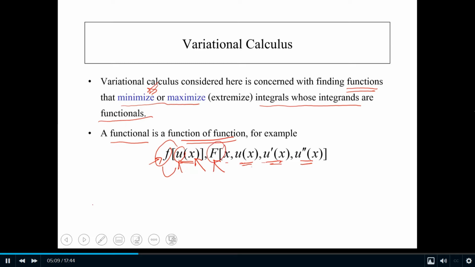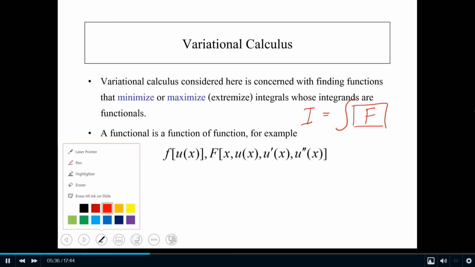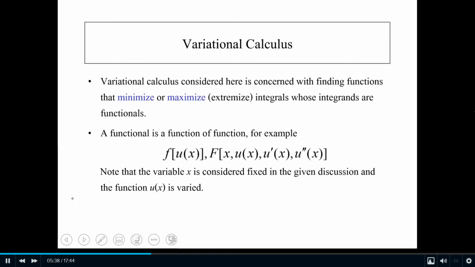So in this case, we need to minimize some integral. Let's say you have this integral I, and this integral contains a functional f here. You would have to find a function that minimizes this integral. In this case, x is an independent variable, so we consider it fixed.